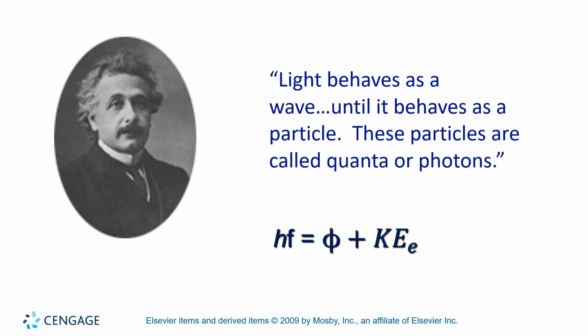This is the conservation of energy formula for the photoelectric effect. And Albert Einstein won the Nobel Prize in physics for discovering the photoelectric effect, I think in 1920. You can look that up if you want to.